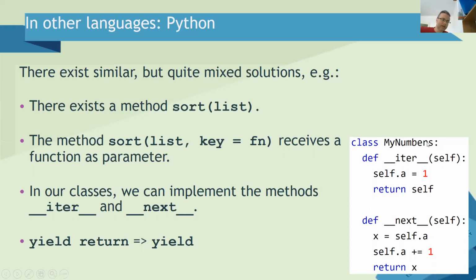If I want to iterate or enumerate the elements in Python, I only need to implement those two methods. They have a fixed name, double underscore iter and double underscore next, and I think you can figure out what they do. Actually, the next method is the more important one. Here, I move to the next element in my iteration. So this is a typical Python solution for this problem.